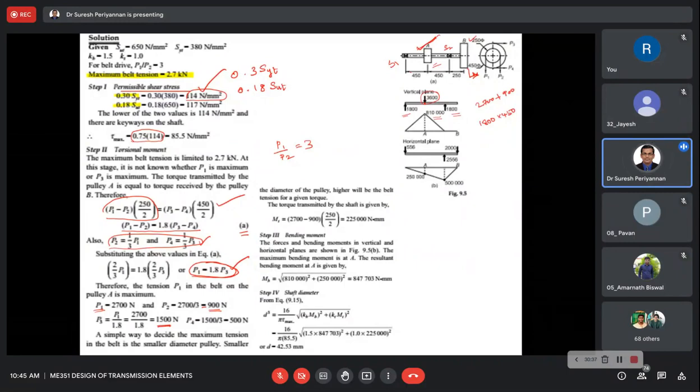This is the bending moment acting at point A. Sorry, this is at point A. Now, very simple. This is the bending moment and shear force calculation.